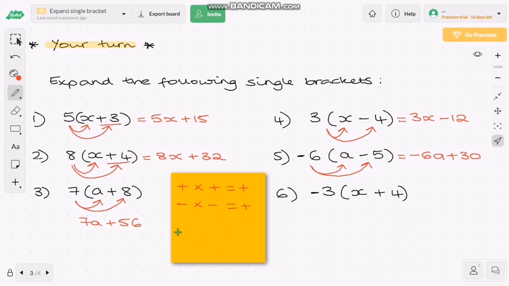But if you've either got a negative times a positive or a positive times a negative, your answer will be negative. Okay, so number 6, negative 3 times x, so it will be this rule, it will be negative 3x, and then negative 3 times positive 4 will be negative 12.